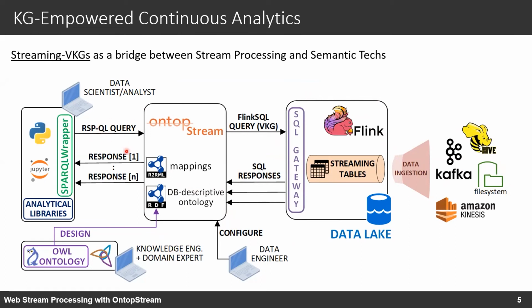So the idea is that by sending this query, what we get is a set of SQL responses, which OntopStream is able to translate into a set of RDF stream responses. So here we have a stream of RDF data, which is coming in an asynchronous way inside our data scientist notebook, for example.